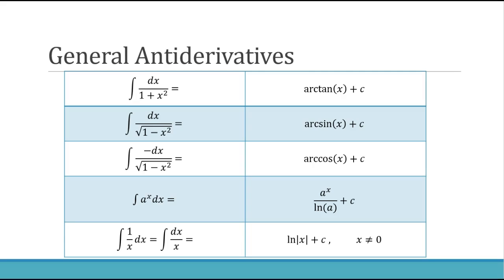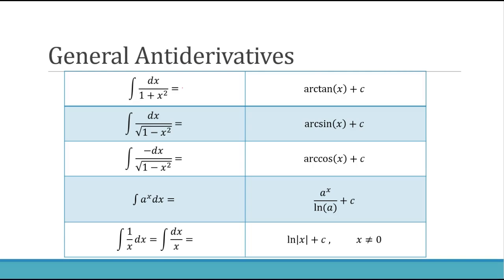And then finally, some further general antiderivatives, if we remember our inverse trig derivatives. So the integral of dx over 1 plus x squared, or we can think about this as 1 over 1 plus x squared dx, so that differential can also be written in a numerator. Well, that's arctangent x plus c, because the derivative of arctangent x is 1 over 1 plus x squared.